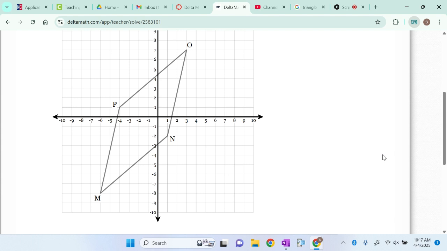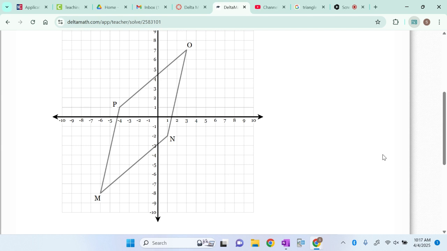So this first one, what was it at, like -6 something? I'm going to draw from P all the way down to M to make this right triangle. The reason I want to use the Pythagorean theorem is that we technically already have the lengths of the legs, because all we have to do is count the units on the graph.